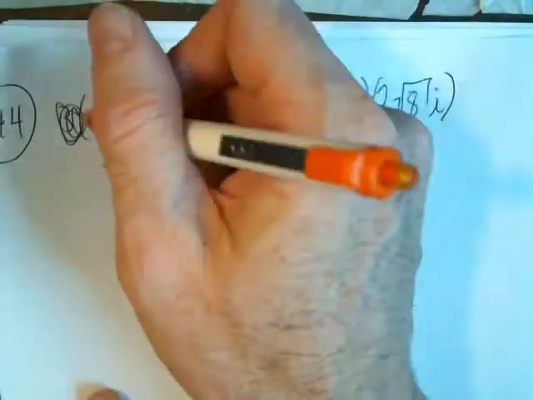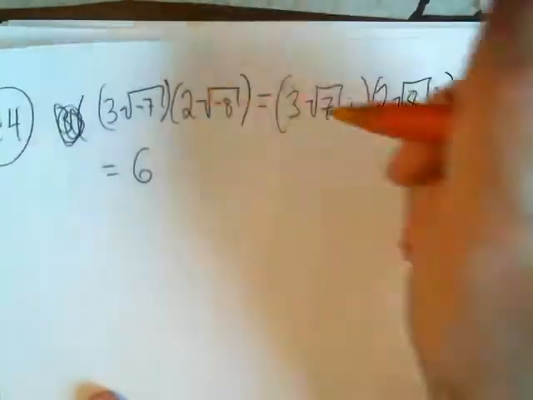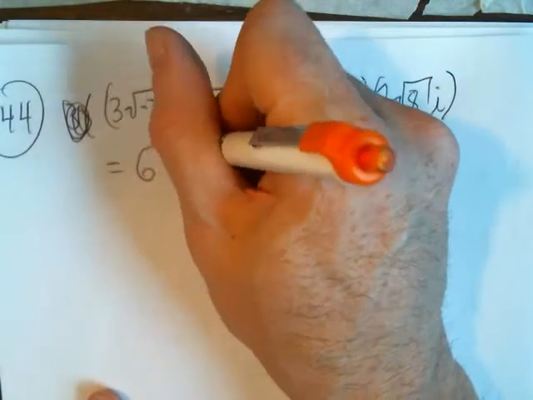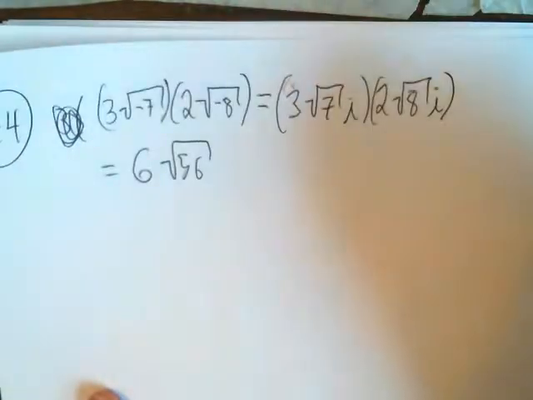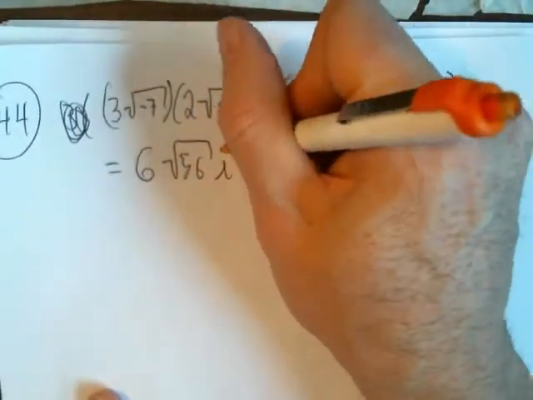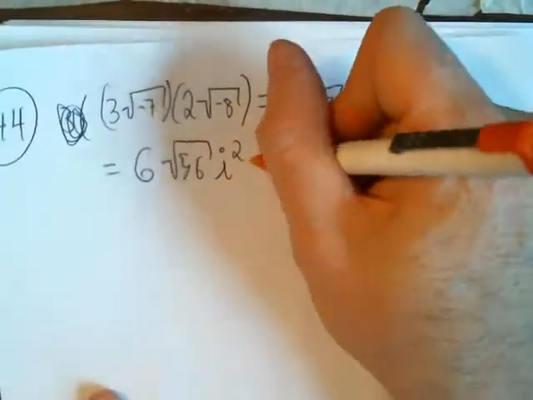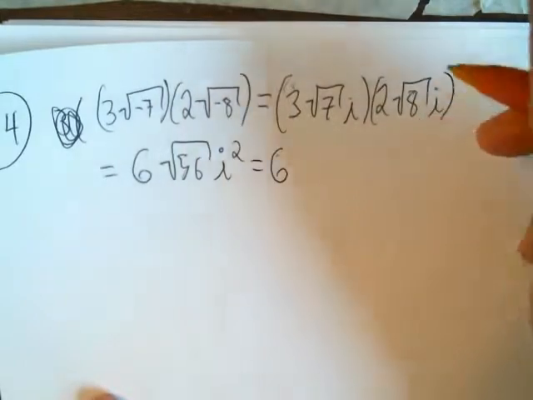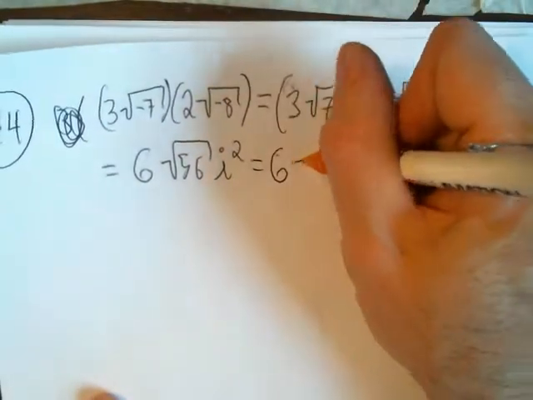Then you're going to multiply out stuff. So 3 times 2 is 6. Radical 7 times radical 8, radical 56 if you want, and then i squared, i times i. Radical 56 has a factor of a perfect square in there, right? So it has a perfect square of 4.